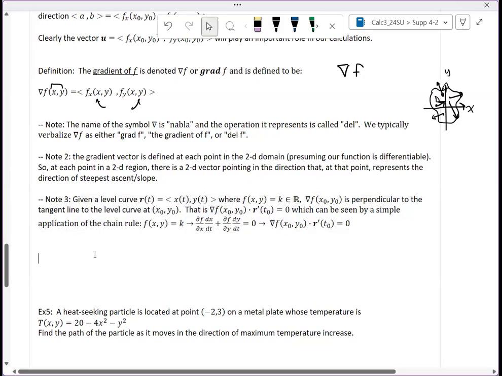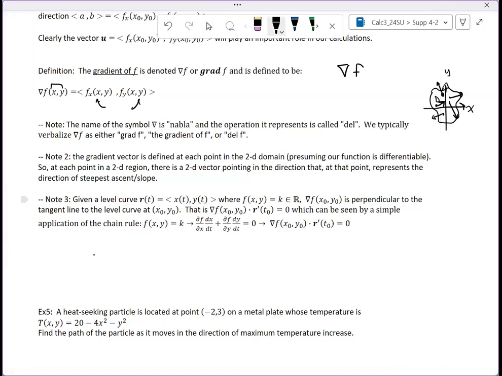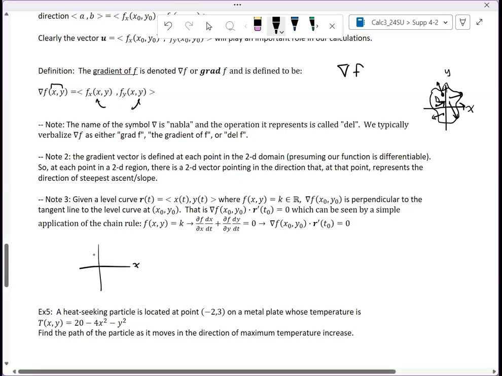And the third note down here, given a level curve, r of t equals x of t, y of t, where f of xy equals k, a real number. So suppose, for instance, that we have some level curves that look like this. Maybe this is like k equals 1. Maybe k equals 2.